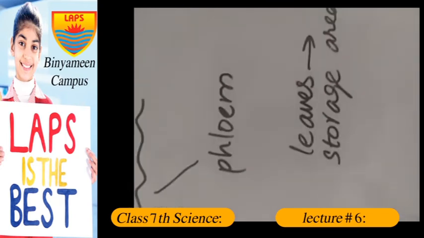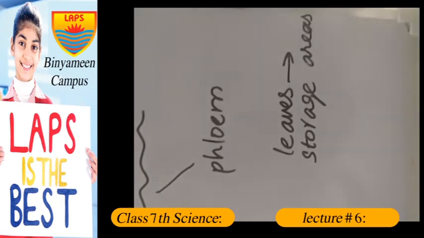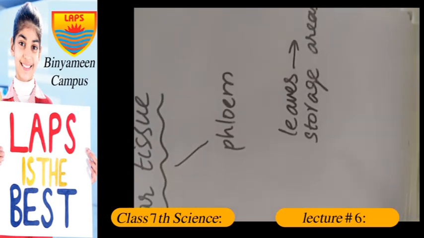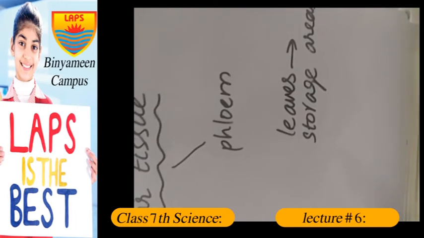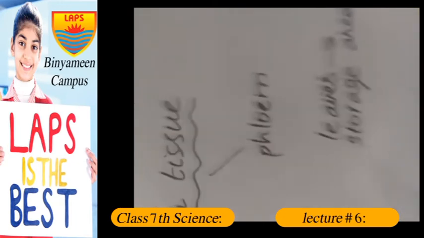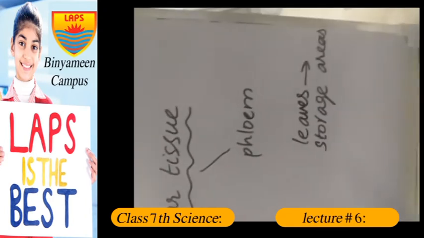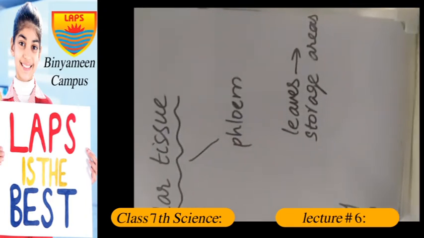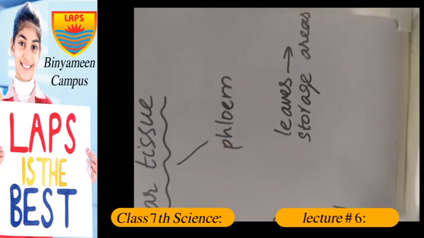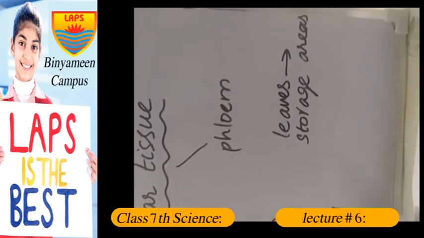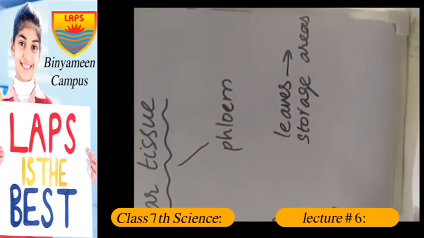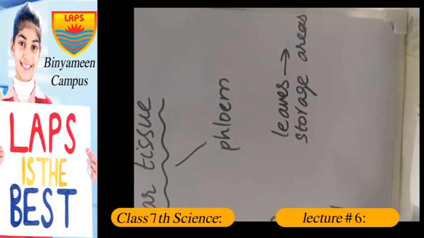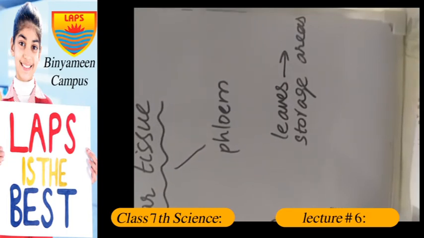So leaves prepare the food. Now this food moves from the leaves to all other parts of the plant through phloem tissues. The phloem tissue will transport this food to other storage areas of the plant, such as the fruits, seeds, etc., and all the growing parts of the plant.